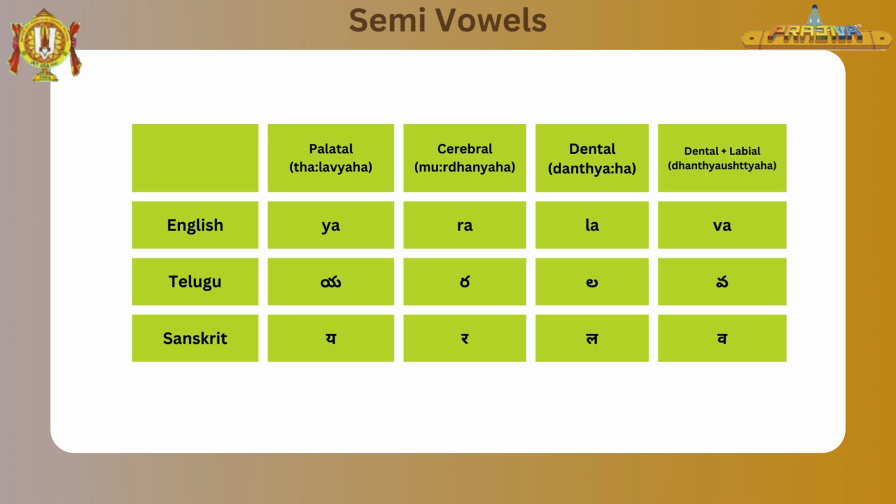The next letter is a dental letter pronounced when the tongue touches the back of the teeth: La. The last of the semi-vowels is pronounced using teeth and lips: Va.